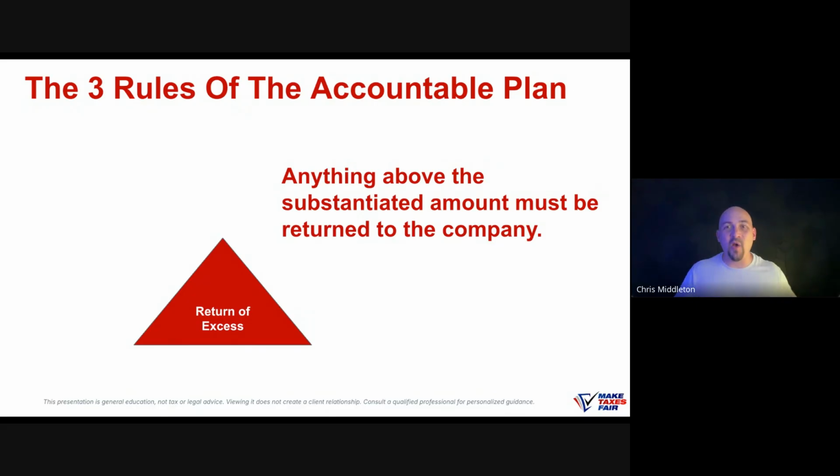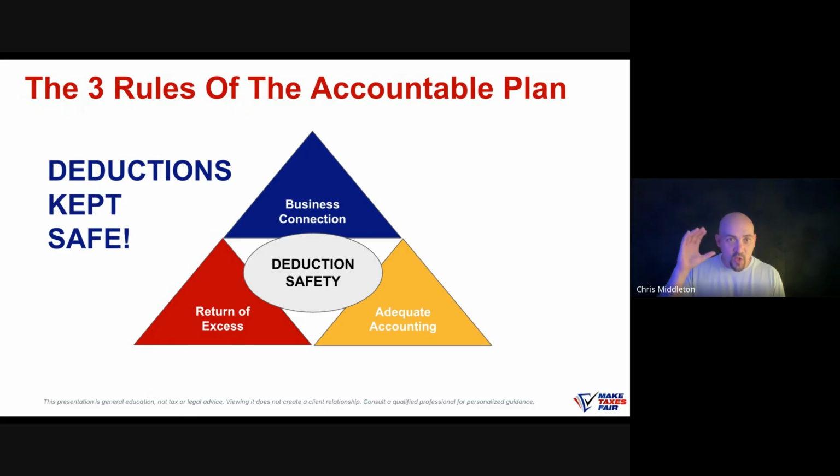We're not going to pay for those. We're only going to pay for yours. So I would need to return the difference between the $59 and $100, which is $41, I can't do math in my head. That $41 excess is what I would need to return to my company, right? So that's how it works: you have to substantiate the amount, and if you receive more than you substantiate, you need to return that. That is a rule.